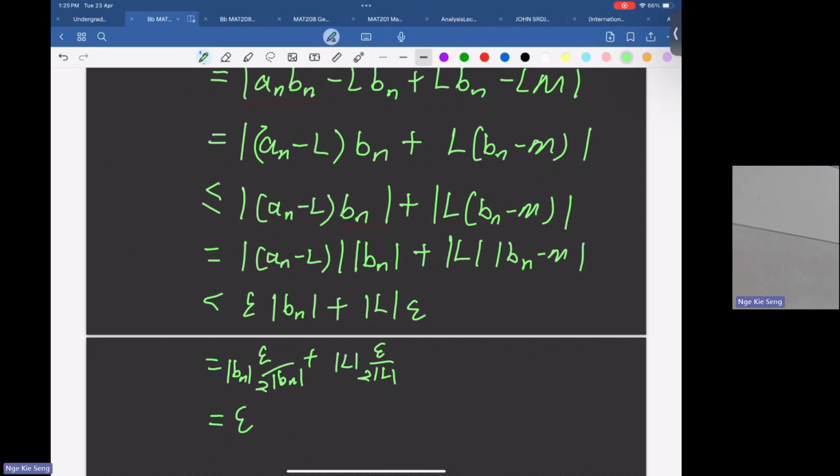Epsilon over bn. What does this mean? bn is changing. If you divide like this, it means you are not fixing epsilon already. Your epsilon keeps changing. Every time you pass the n, your capital N will change.